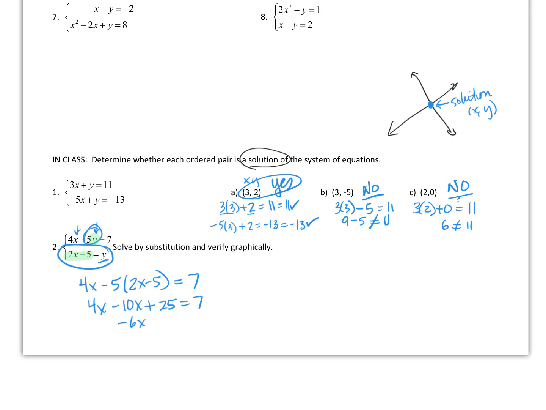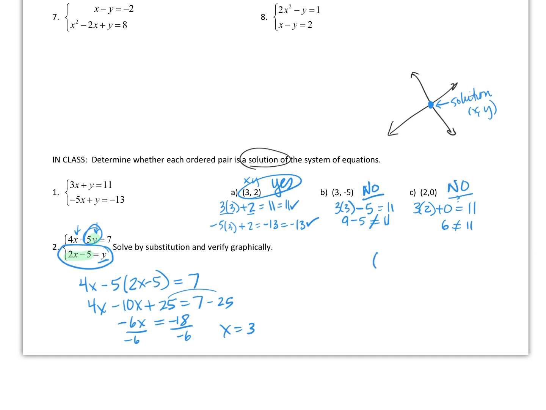So negative 6x means I'm going to subtract 25 over here, right? I'm sorry, 25, thank you. So it'll be negative 18 divided by negative 6. That means x is 3, right?